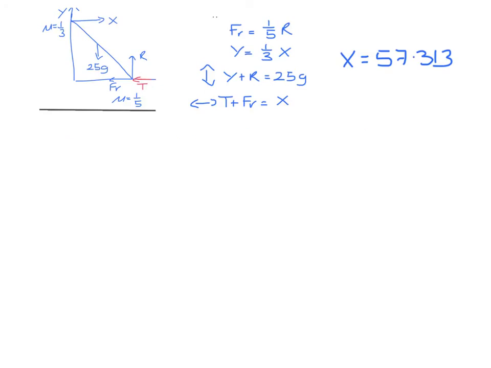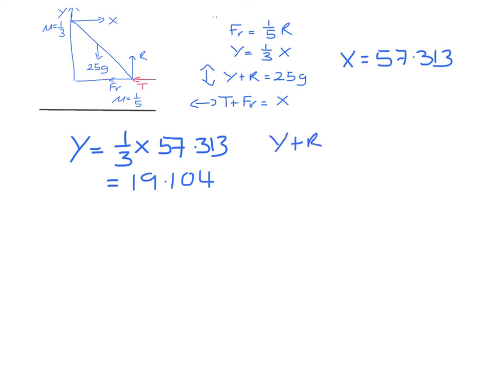Now we must combine all of the equations to work out the value of T. So to work out T, I need to know friction and X, and I know X. So I have to work on working out friction. Y is 1/3 X, so that's 1/3 times 57.313, and that gives us Y. Once I know Y, I can work out R, because Y plus R is 25g.